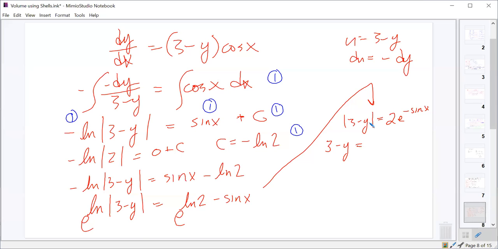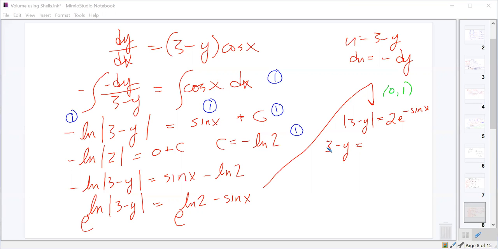We have to go back to our initial condition, the point 0, 1, right? 0 for x makes this e to the 0, which is 1. And then 2 times 1 would be 2. And we'd want 3 minus 1, which is 2, to equal 2. If I put a negative in front of it, I'd have 3 minus 1 equals negative 2. That's not true. 3 minus 1 equals 2, right? So we need it to be the positive version.